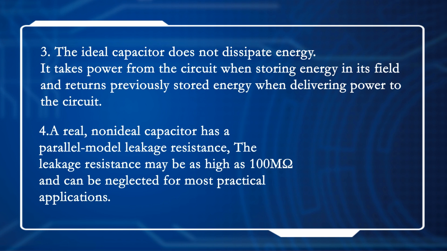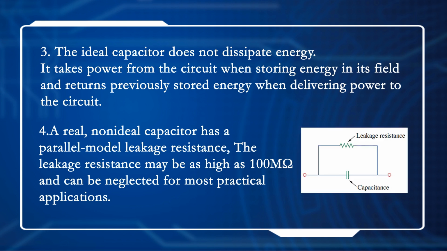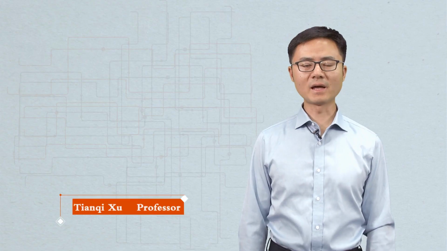As you can see in the circuit in the graph, there is a leakage resistance in parallel with the capacitance. However, this resistance is very, very large, so normally we don't consider this leakage resistance at all. This is the end of this section.